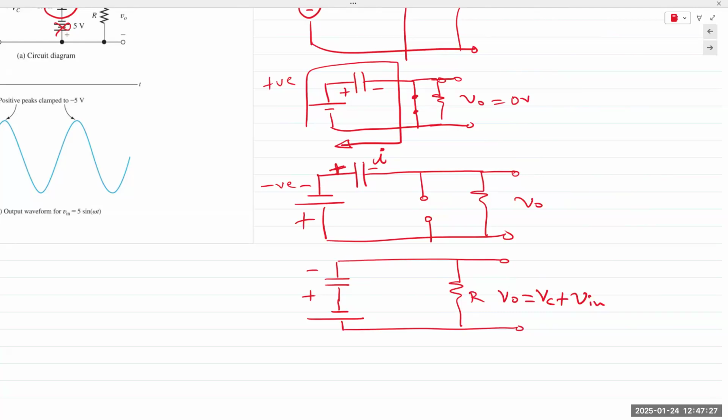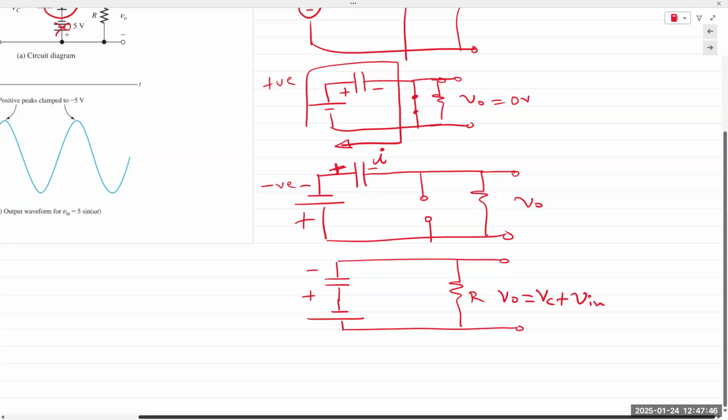And so whatever V in you apply at the input side is now going to be clamped at a certain DC level that is provided by the capacitor voltage, VC. So now you have attached a DC component to your AC signal.